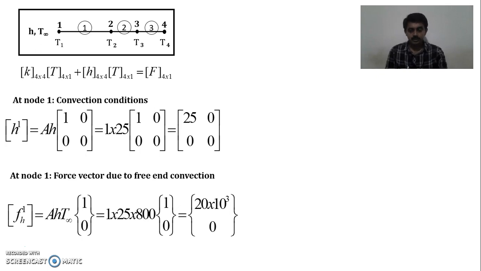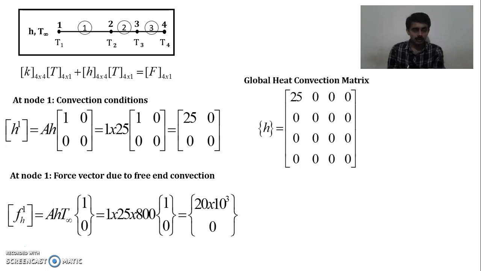If you substitute the values, area is unit area, H is 25 and T infinity is 800. So we will get it as 20 into 10 to the power 3 and the other element is 0.